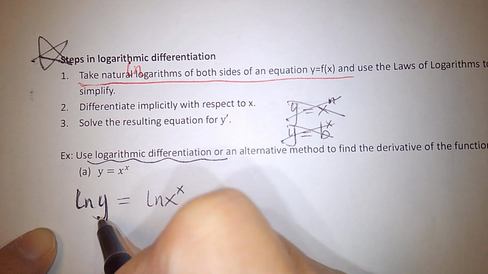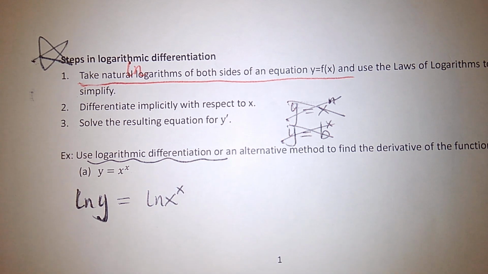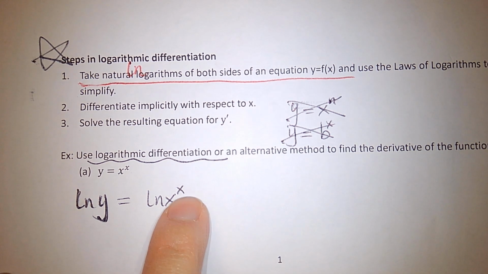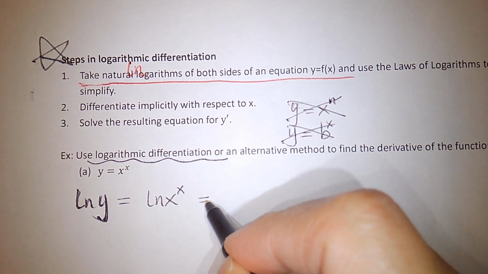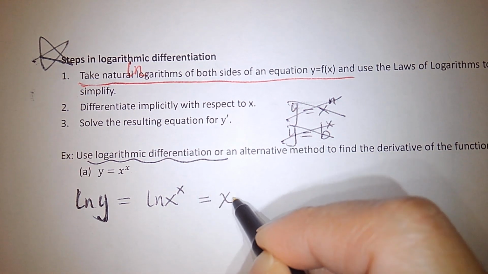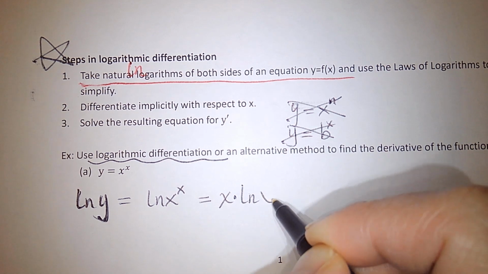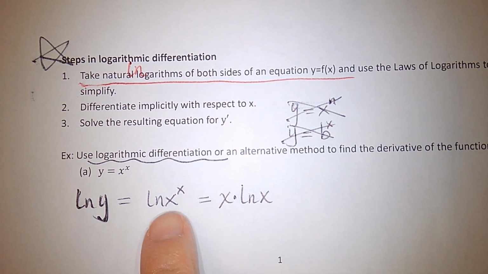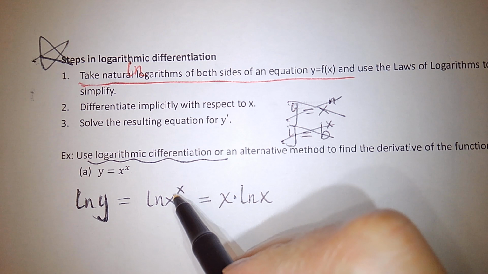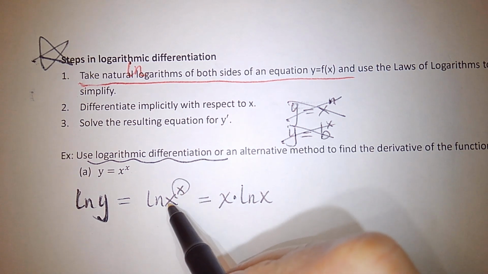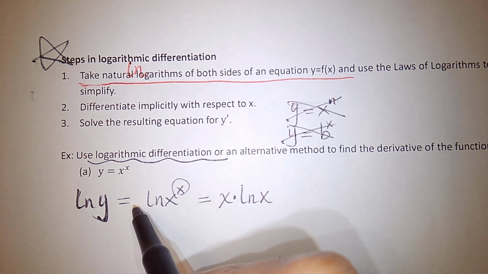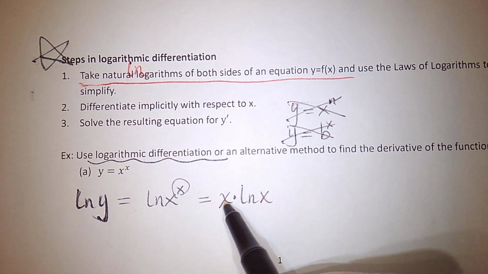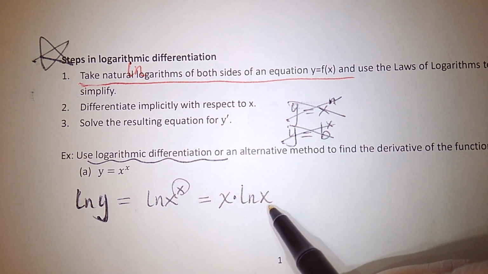On the left-hand side we have ln y, on the right side we have ln of x to the x power. And we may write the right side as x times ln of x. Do you agree with this? If we have something on the shoulder of x, we can rewrite it as x times ln of x, right?